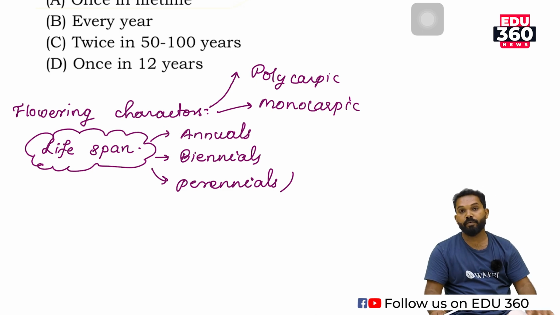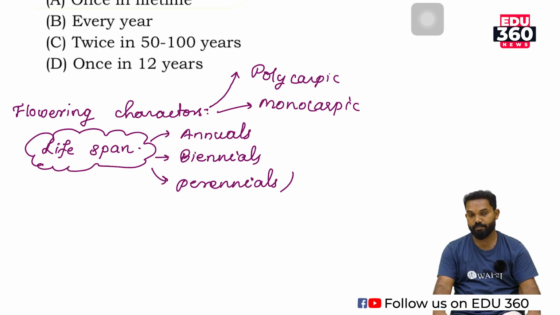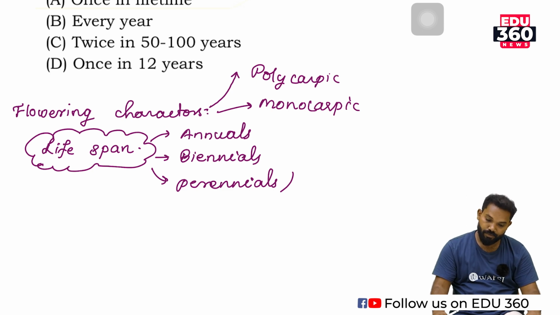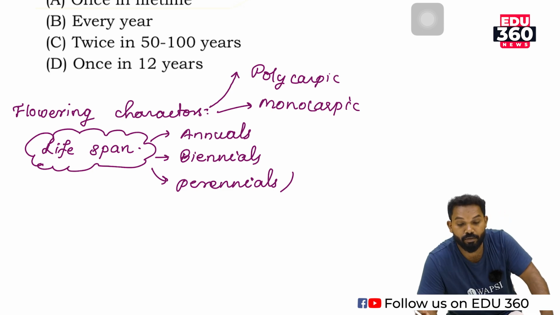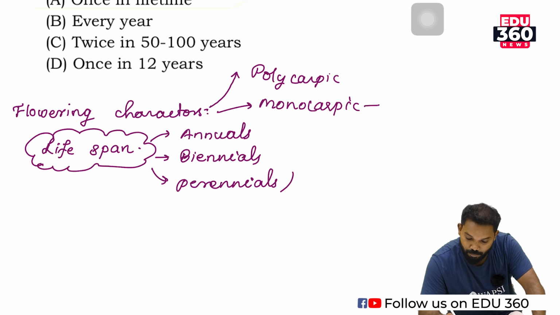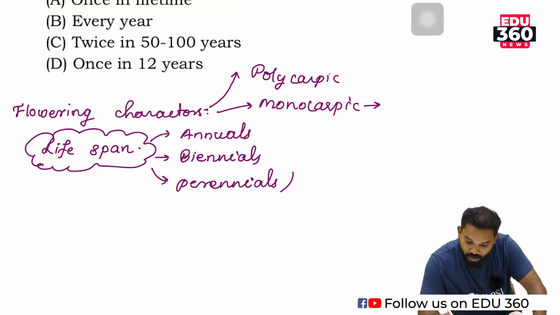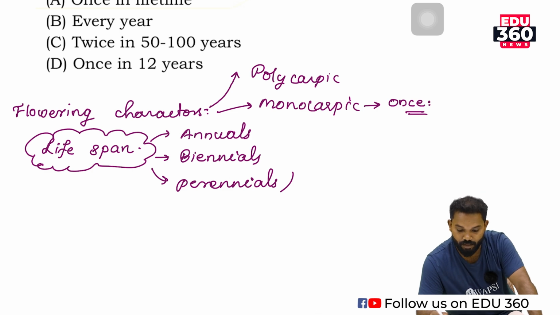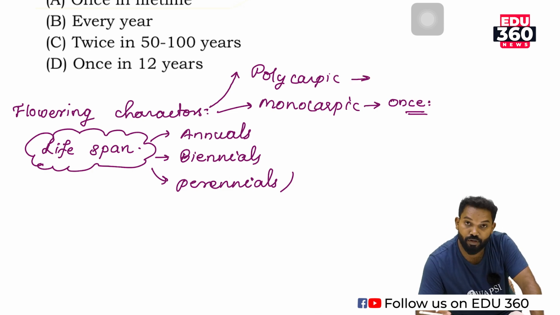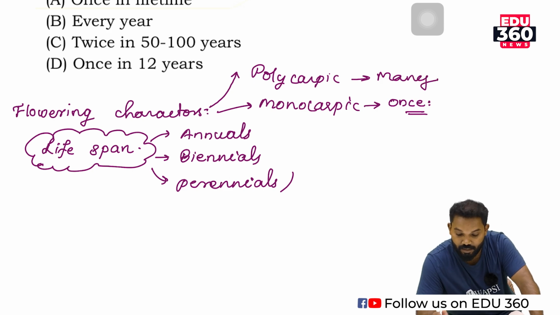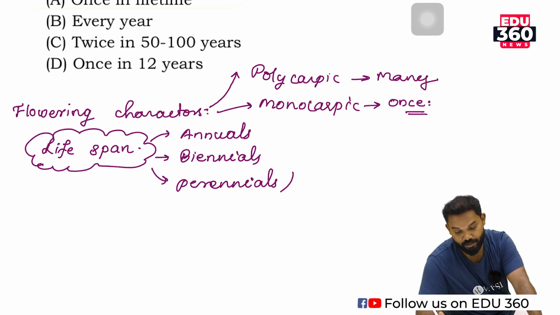Some plants are monocarpic, and many plants are polycarpic. If a plant is monocarpic, it flowers only once in its lifetime. Those plants which flower many times or seasonally are known as polycarpic.